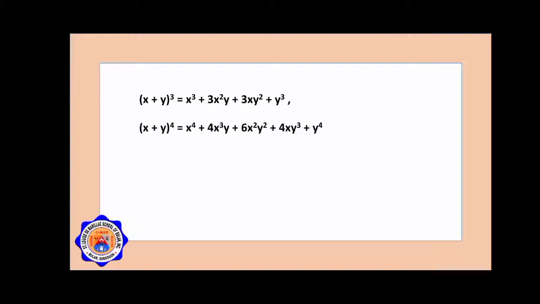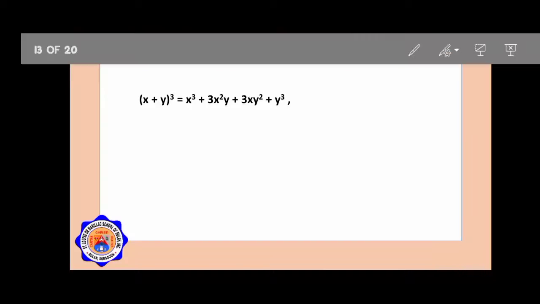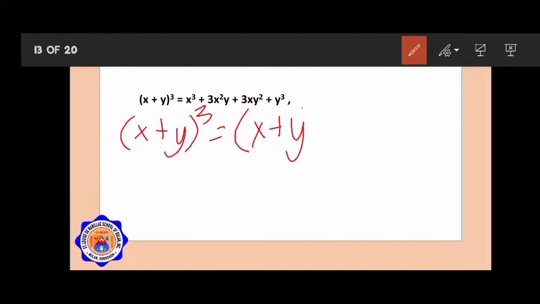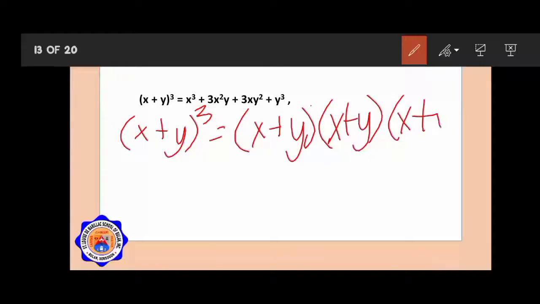To check if our answer in the expansion is correct for the polynomial (x + y)^3, use the FOIL method. (x + y)^3 is equal to (x + y) times (x + y) times (x + y).